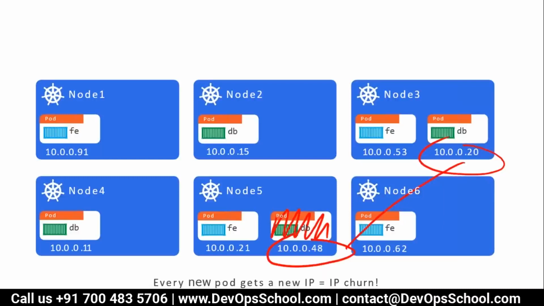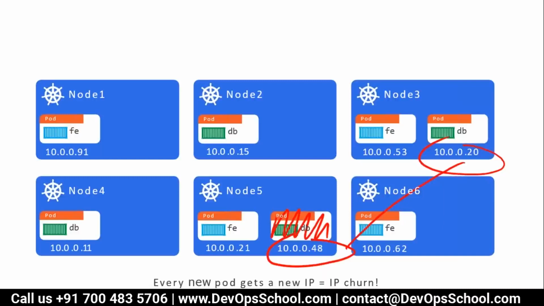You can customize this, but I'm not at the customization phase right now. So here we have node 1 to node 6. Each node has a pod, and each pod has a container of type fe or db.